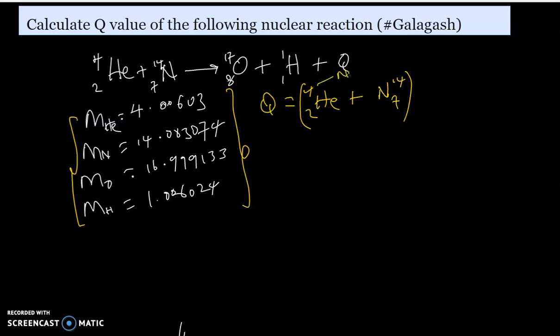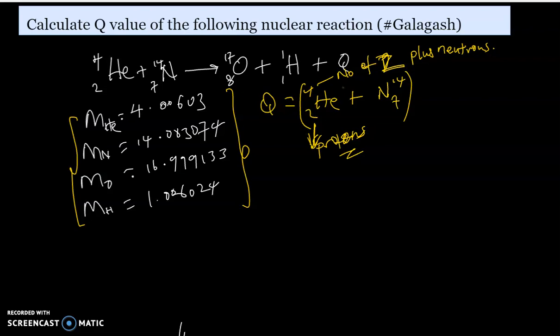So the mass number is the number of protons plus the number of neutrons, but the atomic number is simply the number of protons.